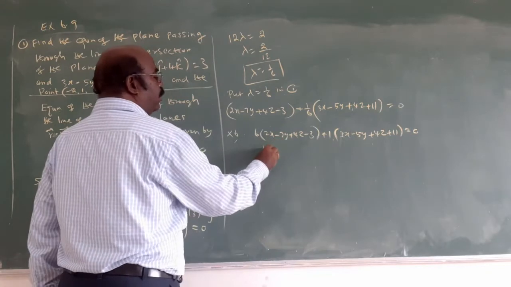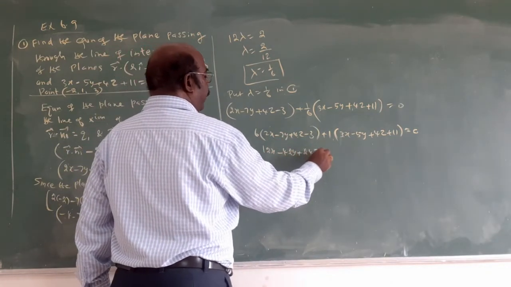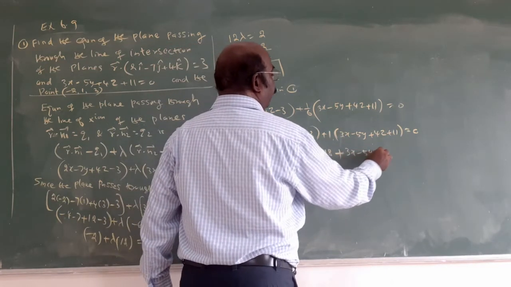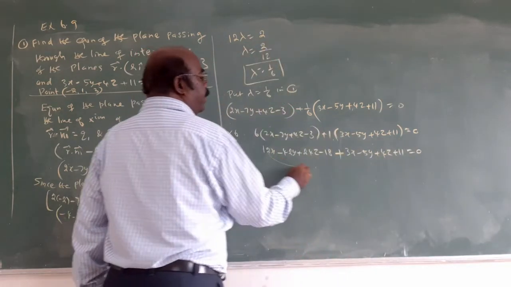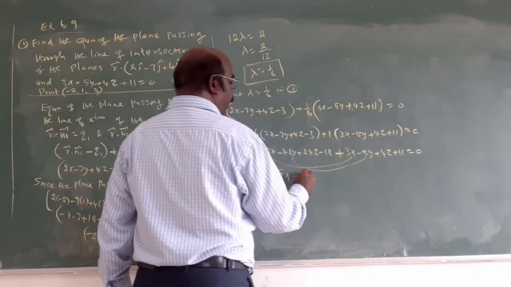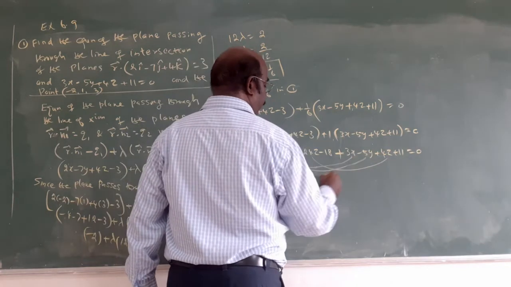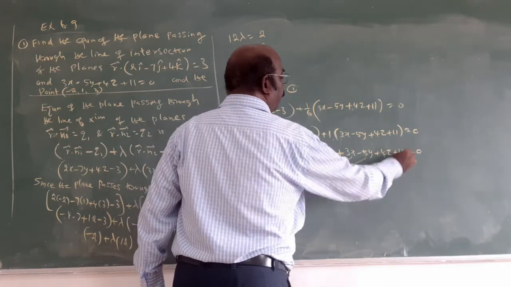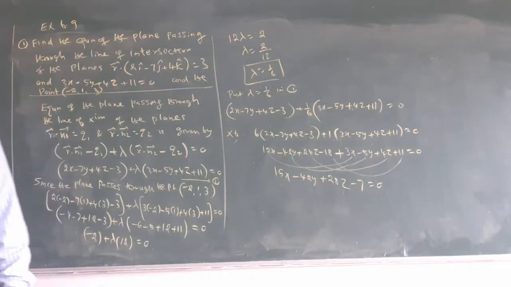Now multiply: 12x minus 42y plus 24z minus 18, plus 3x minus 5y plus 4z plus 11 equal to 0. Now combine x with x, 15x. y with y, minus 47y. z with z, plus 28z. Number with number, minus 7. Equal to 0.